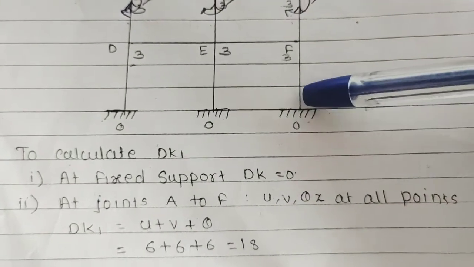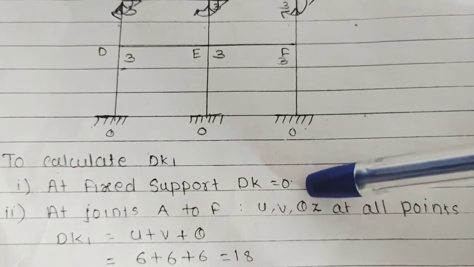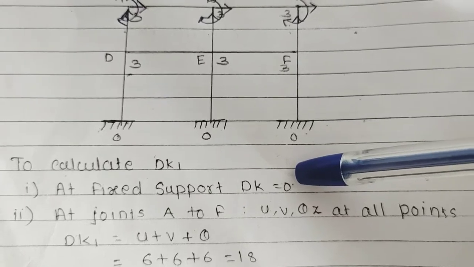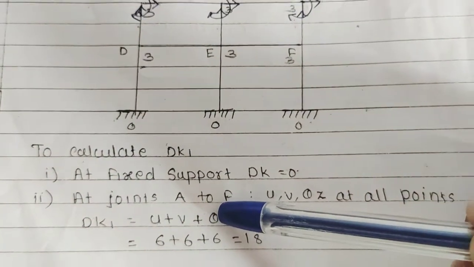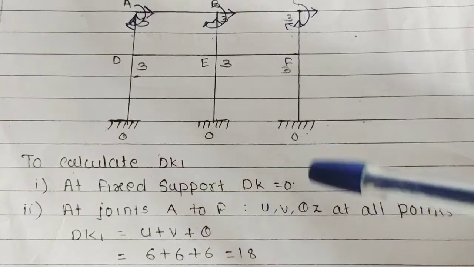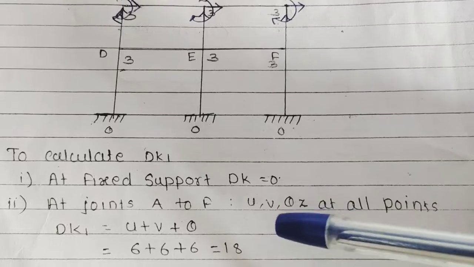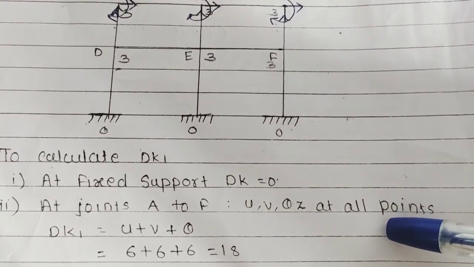As discussed, for a fixed support dk is equal to 0, means the degree of kinematic indeterminacy or degree of freedom is equal to 0. At joints A to F there are 3 releases or degrees of freedom, that is u, v and theta z at all points.